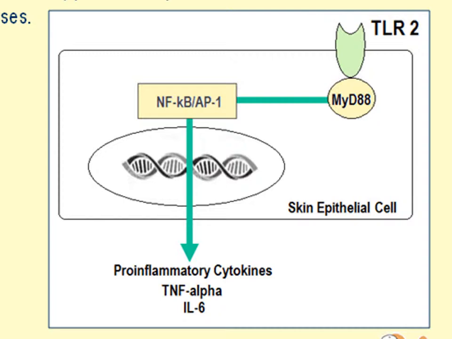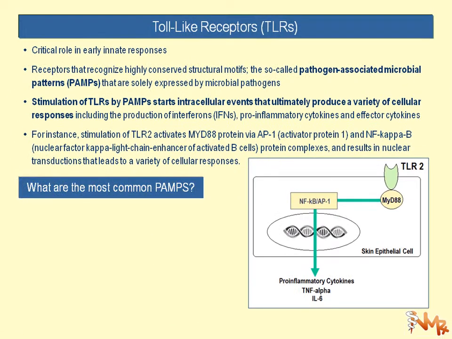So when NF-kappa B and AP1 protein are activated, that activation results in nuclear transduction that leads to a variety of cellular responses. For instance, in this case, we're going to make pro-inflammatory cytokines: tumor necrosis factor alpha, and interleukin 6.